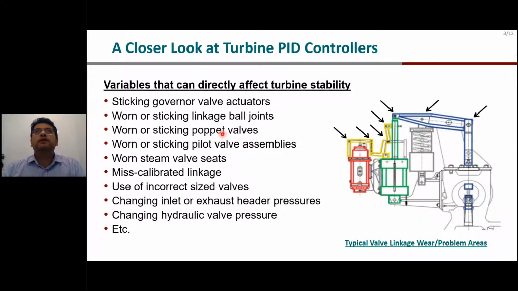There is another type of valve which we call a poppet valve, which is like 6 or 7 valves, and each one opens, allowing a certain amount of steam to come in. As these poppet valves get worn out, you also have some instability coming in. Again, you have what we call a pilot valve in the middle. If this pilot valve also starts to stick, you will still have issues within your turbine.